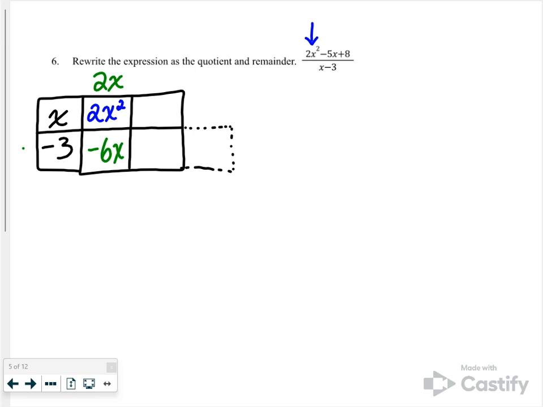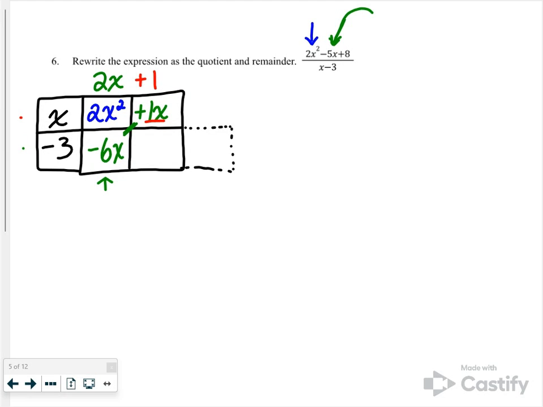Now we know that we need to have minus 5x's, and over here we have minus 6. So we've got to add 1x to this, and now you can see between these two boxes that's still adding up to the negative 5x. So that has to be true, and if that has to be true, then I'm going to have to multiply this by plus 1. So plus 1 times x does give me the plus 1x.